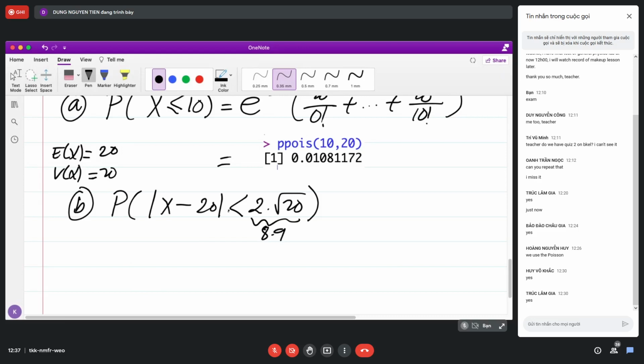So you want to find the probability that x is less than 28.9 and greater than, what is that? I think it is 20 minus 8.9, so 11.9, correct? Is that clear?